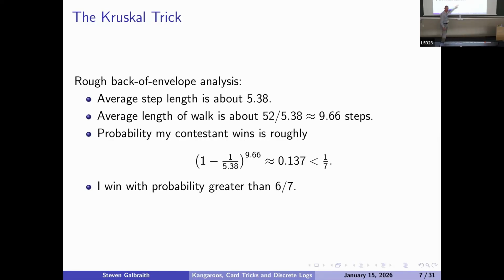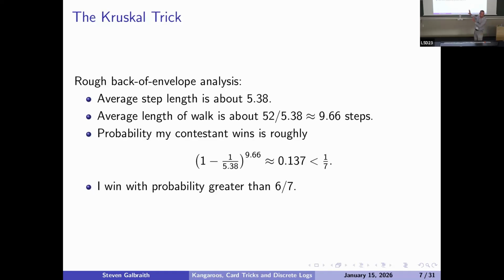So 1 minus 1 over 5.38 is the chance that you got lucky and escaped that card. And you have to get lucky about 9 point something times if you started at this end, right? So that's the probability you win: you got lucky on your first card, you got lucky on your second card, you got lucky all the way. So that's 1 minus that, and that's 1.37 or so.